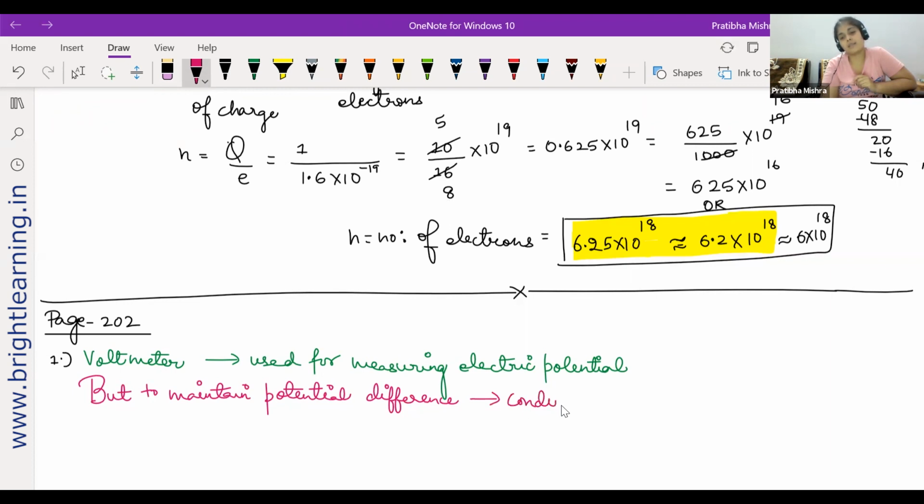Conducting wires are used. Battery is used. And you can also say power supply, because that is the most important thing.